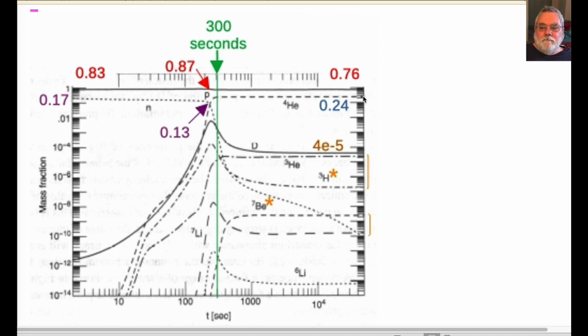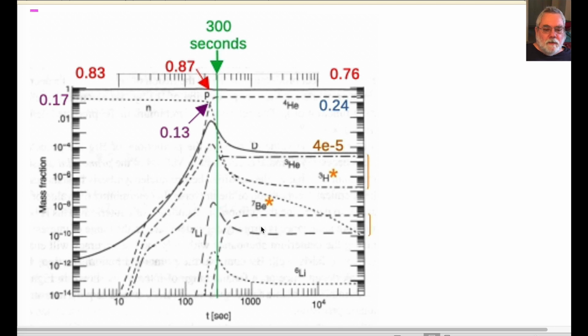Helium-4 does not fuse with single protons or neutrons. However, to a small degree, it will fuse with a deuterium or hydrogen-3 nucleus to produce lithium-6 or lithium-7, which are stable. This curve is lithium-6.